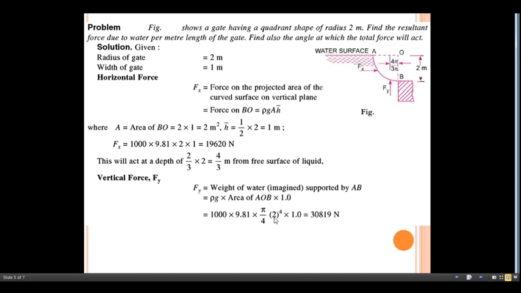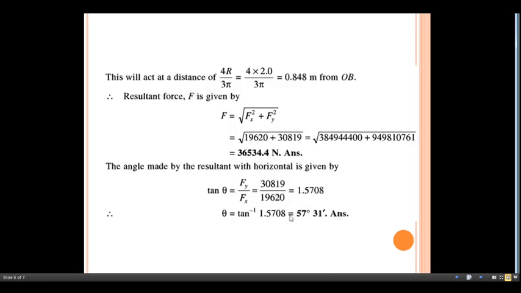Substitute all the values here: rho, g, the area calculated with the help of this formula, and the width as 1. We get Fy as 30,819 Newton after calculations.